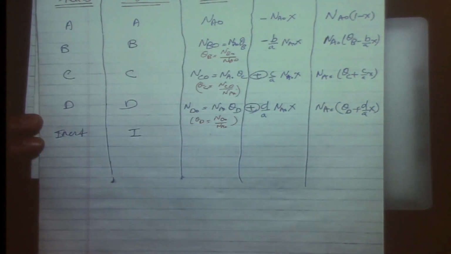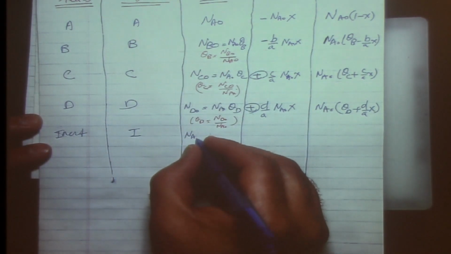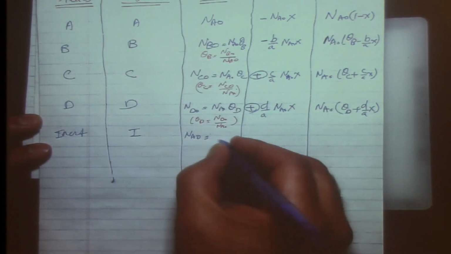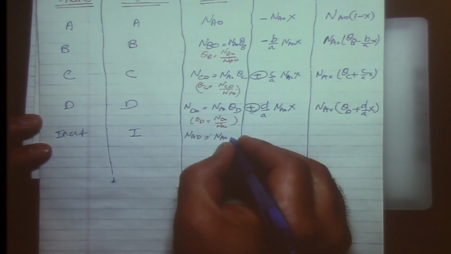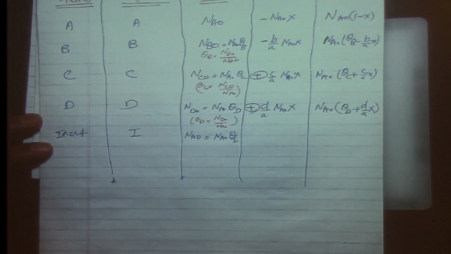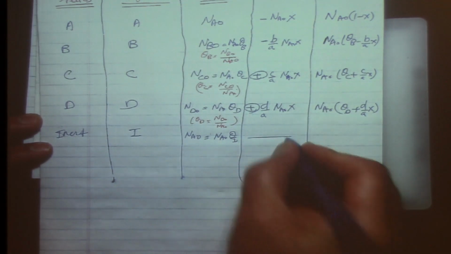Most of the time we show it as I. So like this one, NI0 would be NA0 times theta I. And what is the change? Zero.